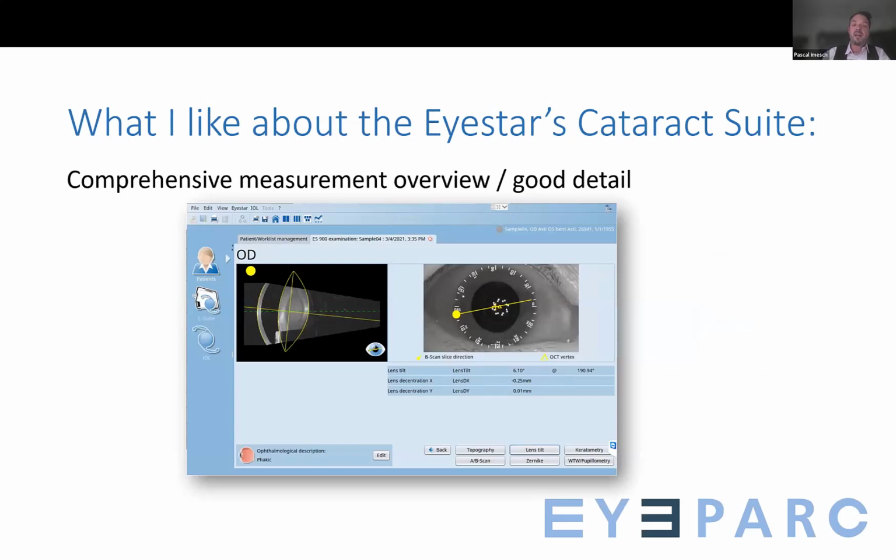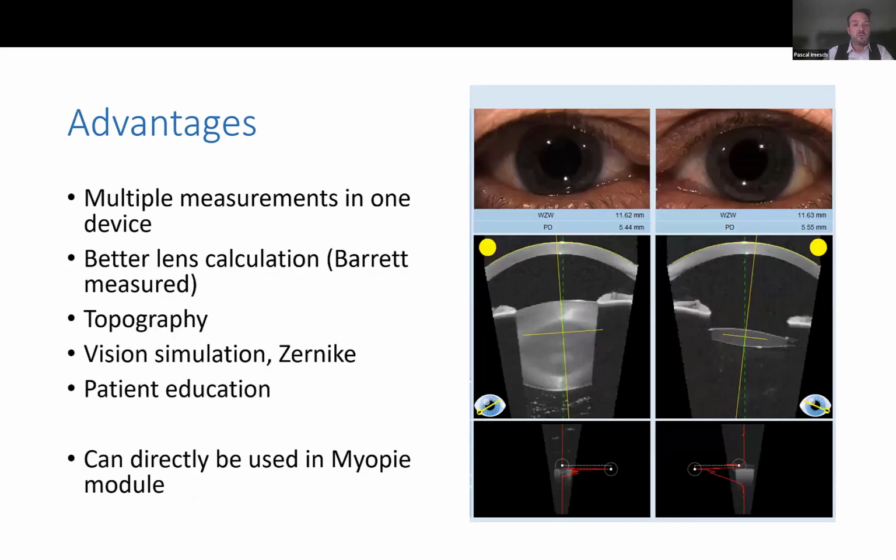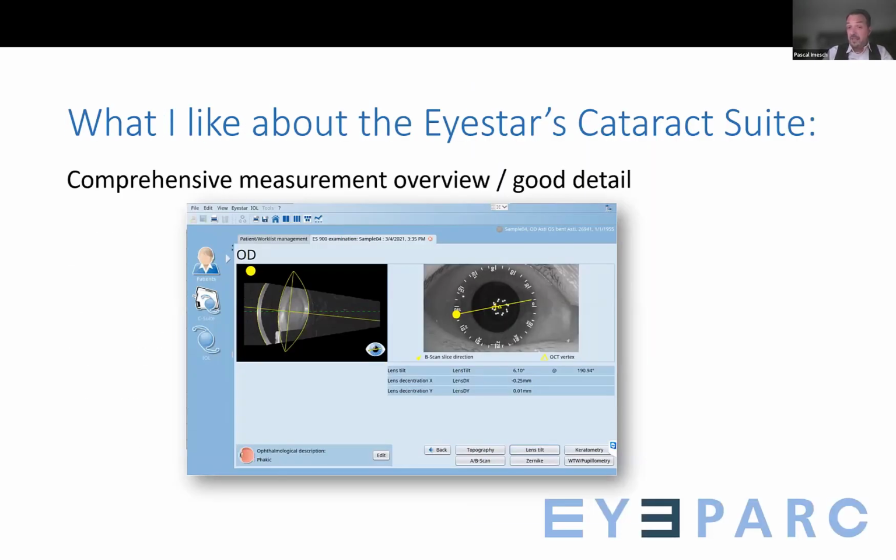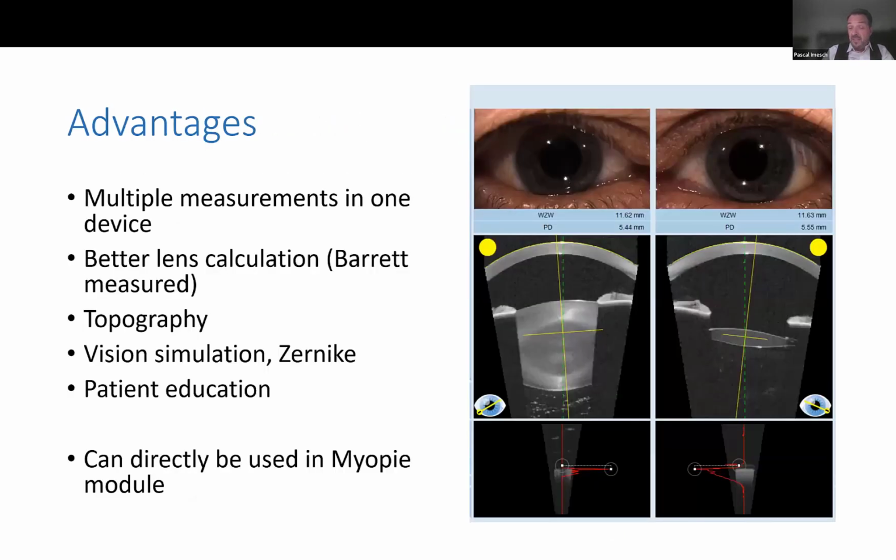Additionally, there are some nice features. You can assess the lens tilt. You can even measure it. Honestly, I don't know yet what really to do with it, but we have it. But I repeat again, the measurements of the Eyestar are just really a nice feature to explain to the patient what he has.